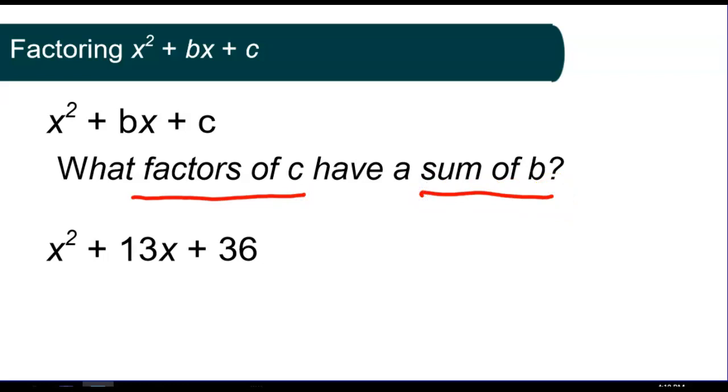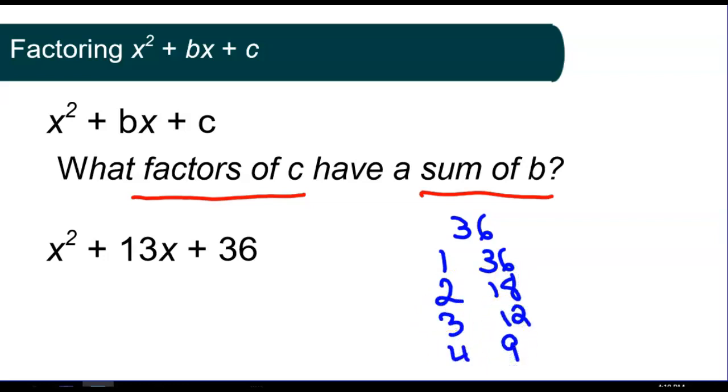So let's look at x squared plus 13x plus 36. I've got positive 36 as my constant. Now, what can I multiply together that gives me 36, but when I add it together I get 13? Well, to get 36 I could do 1 and 36, but that doesn't give me 13 when added together. 2 and 18 also won't give me 13 when added together. 3 and 12 won't, but 4 and 9, when I add those together, I do get 13.